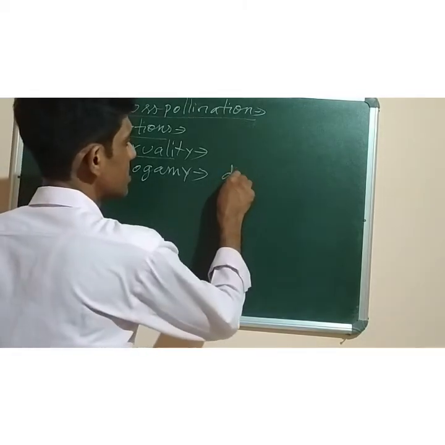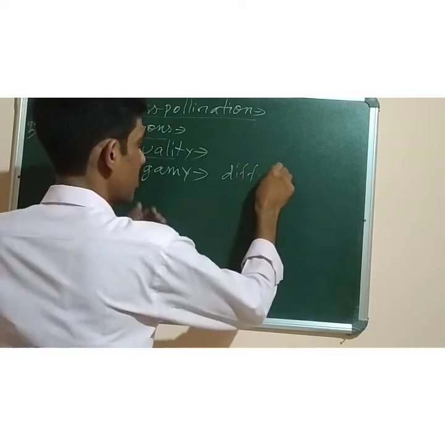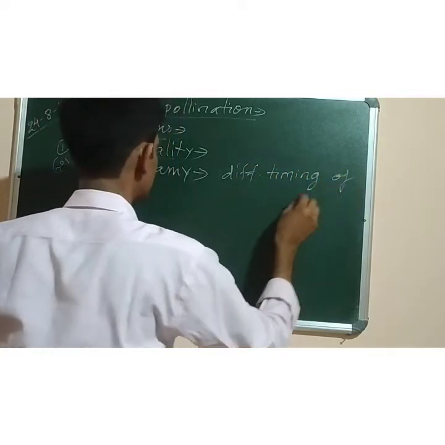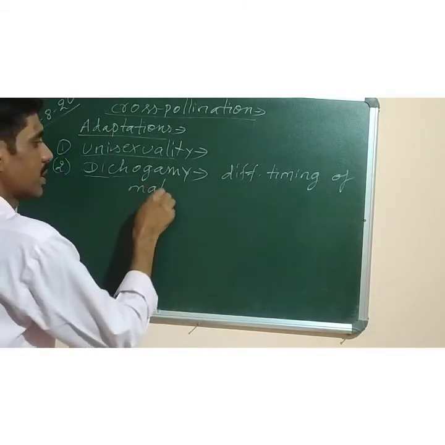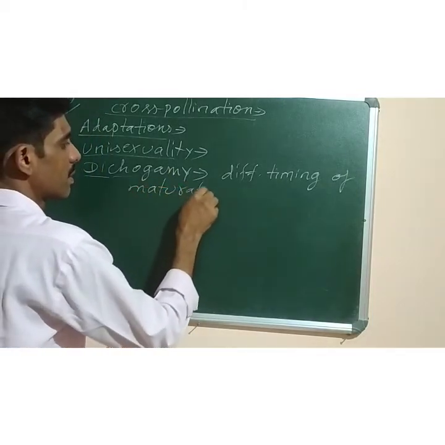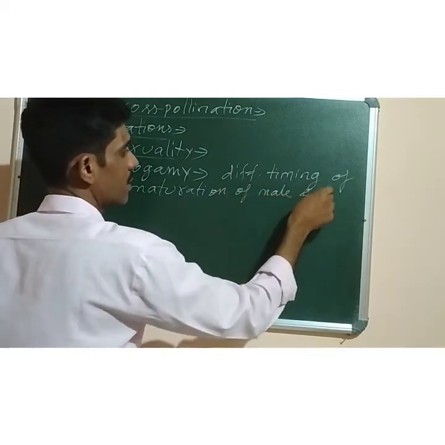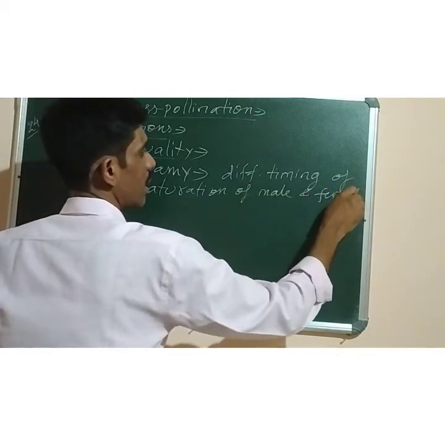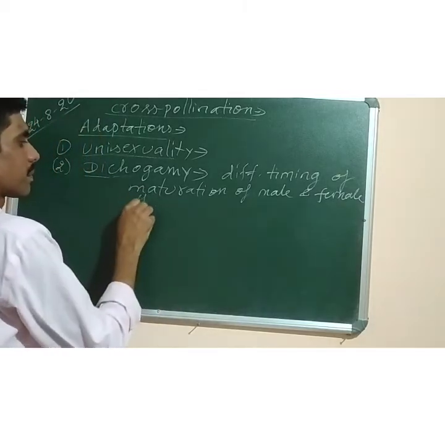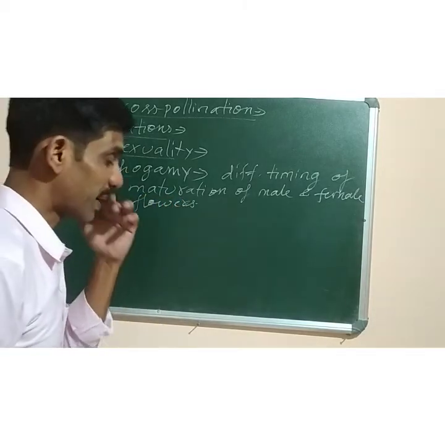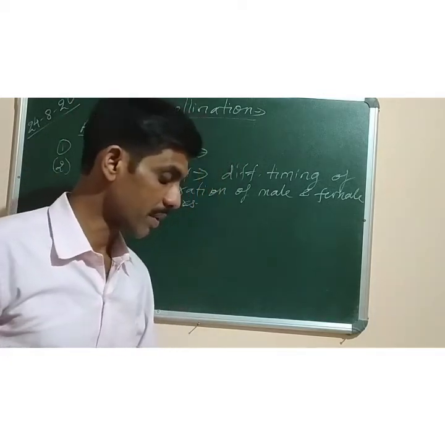So here I write in short, different timing of maturation of male and female flowers or parts of the flower is called dichogamy. In your book also definition given.